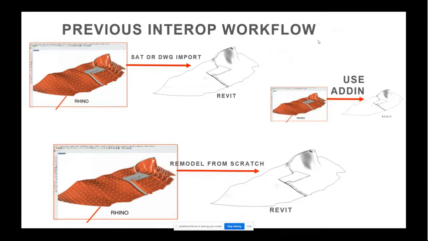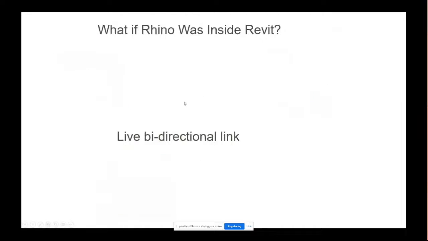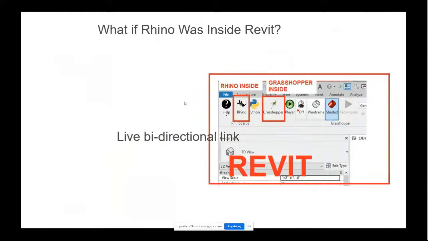In order to solve this problem, the McNeel company said, well, why fight it? Why don't we just take Rhino and stick the whole thing inside of Revit? That was the idea. If we take the entire Rhino program, which includes Grasshopper, and stick it inside of Revit, now Revit has access to all of Rhino's geometry, all of Rhino's methods and functionality, all of Rhino's Grasshopper functionality, and we can help solve this interoperability issue.